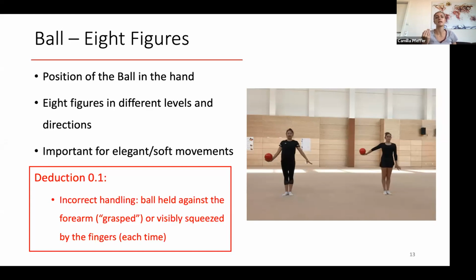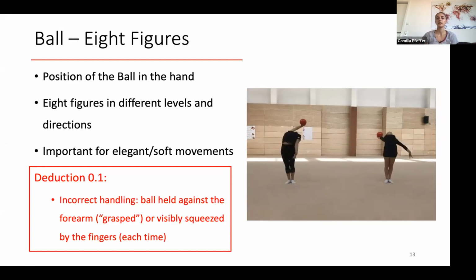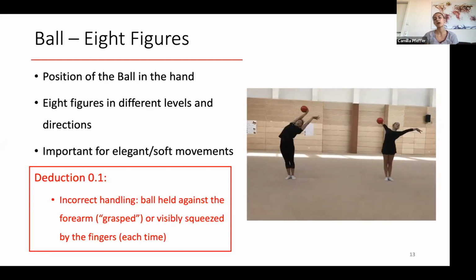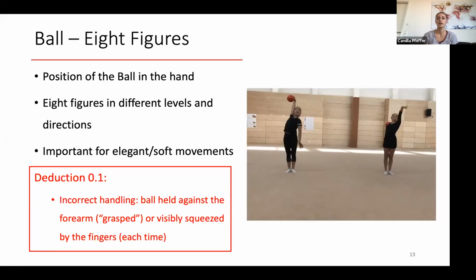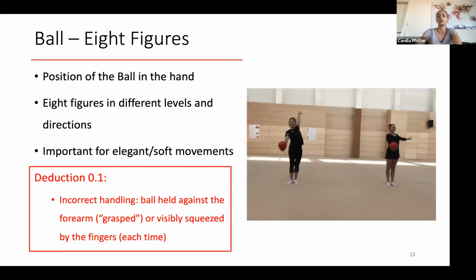And to have that, you need to do the 8 figure very clean, very good. Here are some examples for 8 figures, like in this direction or the other way around, or here you can change the level. It's only a few examples.